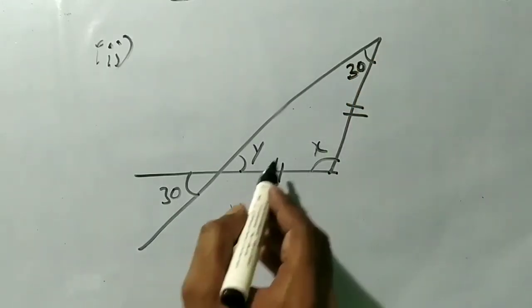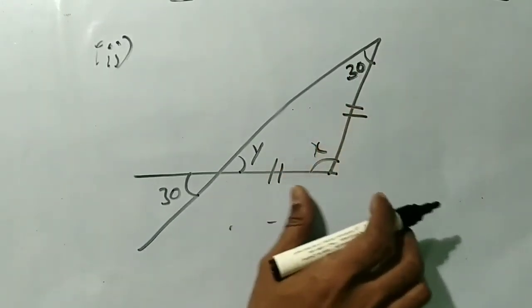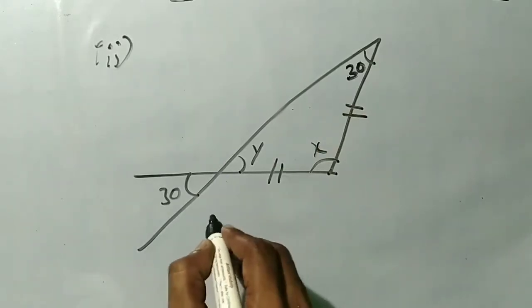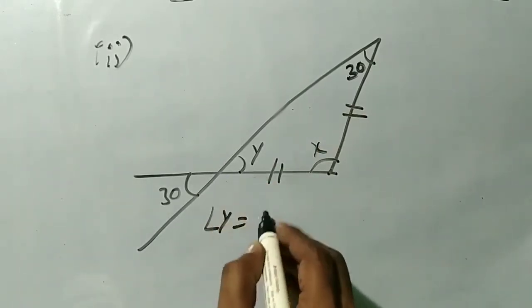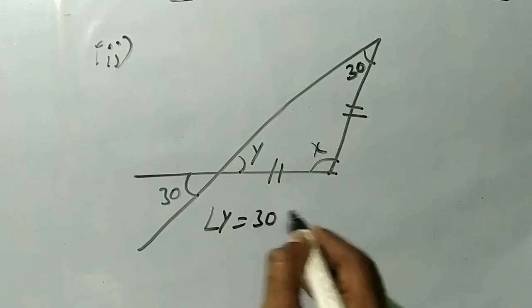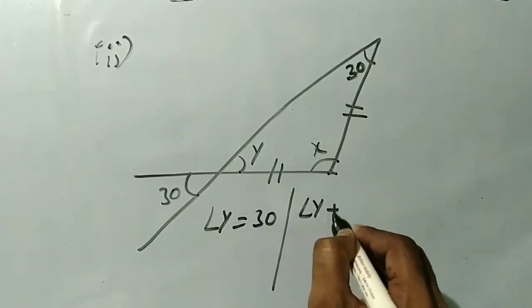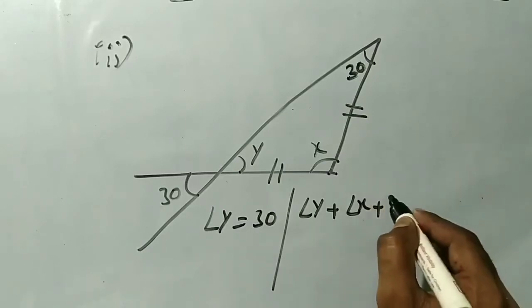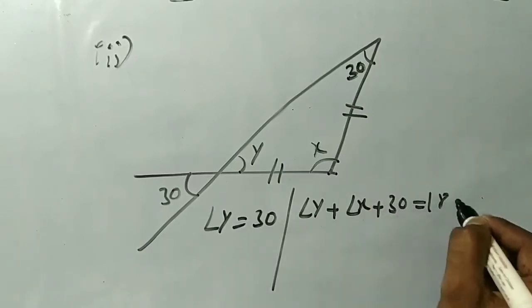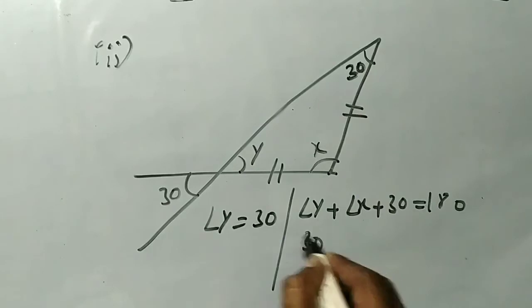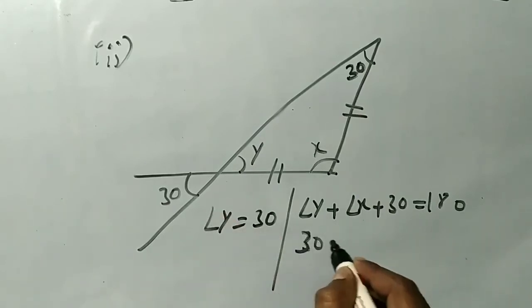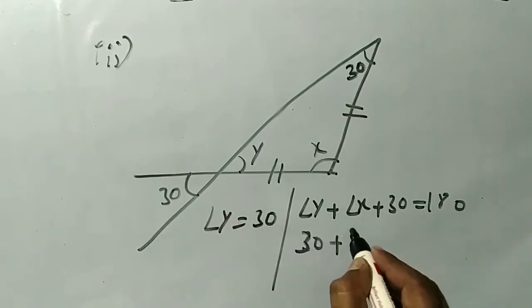So this is also 30, this is also 30. We can easily find that angle x is equal to angle y, which we found is 30. So summation of interior angles again: angle y plus angle x plus 30 is equal to 180. Angle y is equal to 30, which we got from the vertically opposite angle. Angle x we don't know, plus 30.